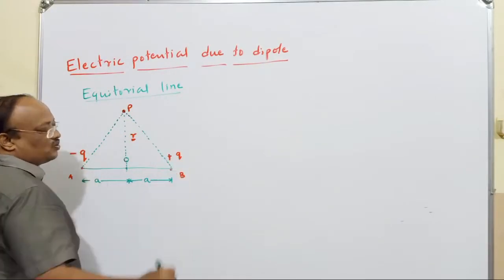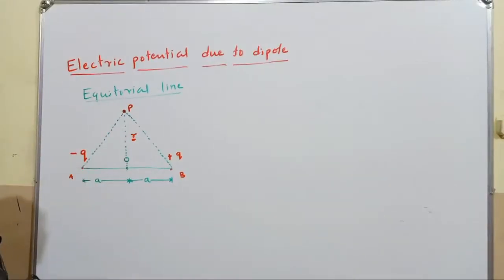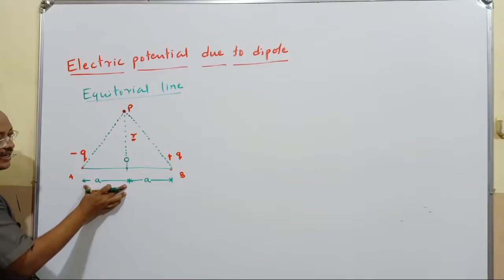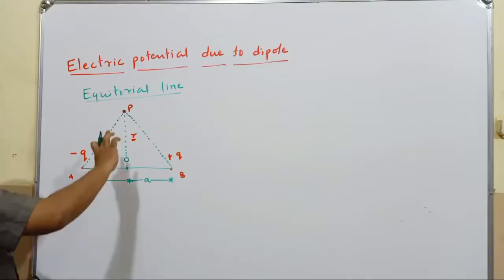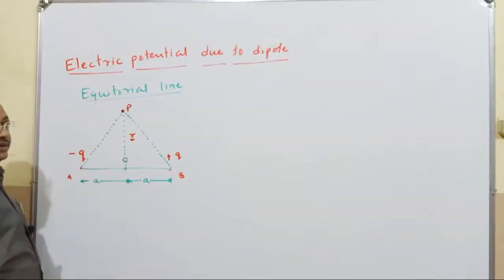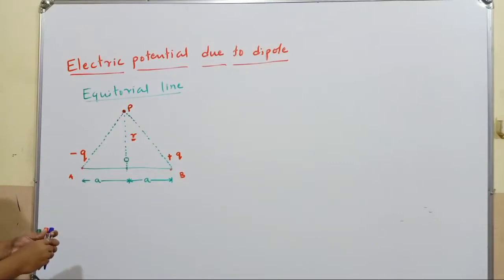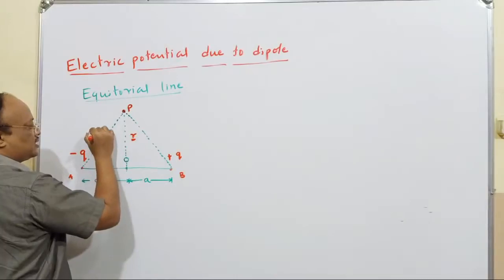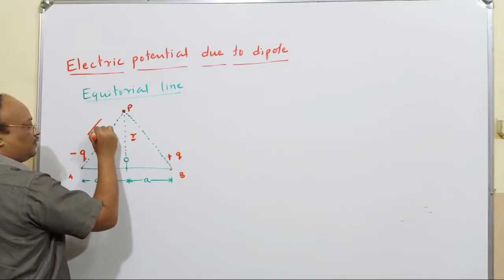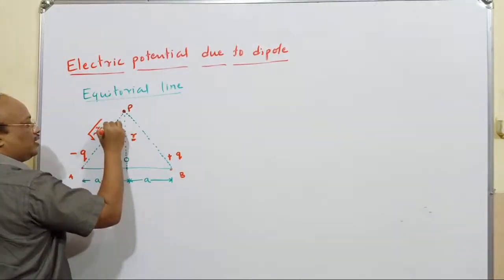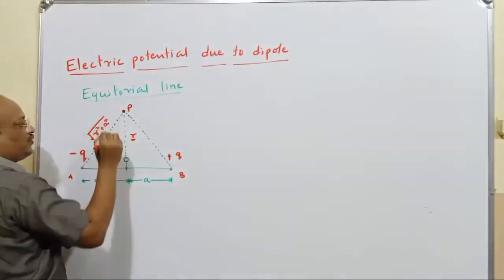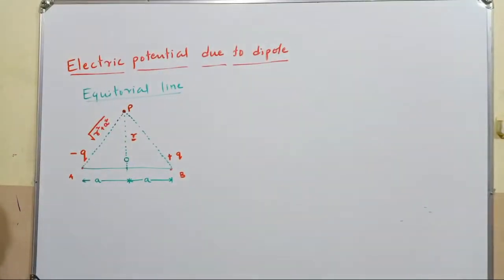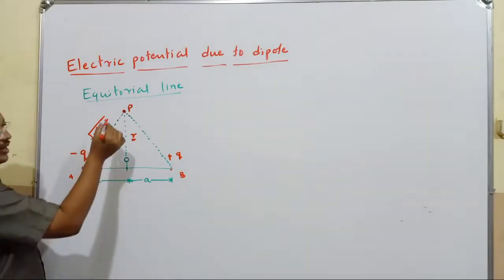This distance is a, and this distance is r. Therefore, from the Pythagoras theorem, this distance is the square root of r square plus a square.